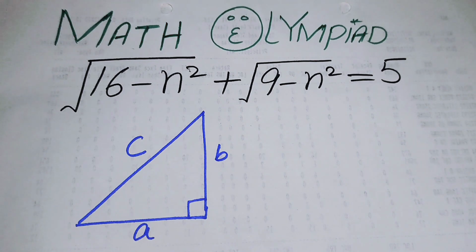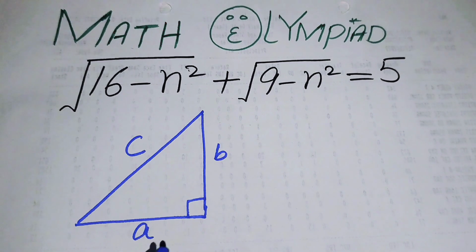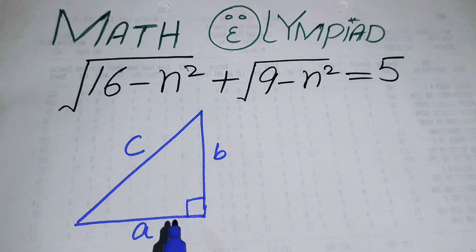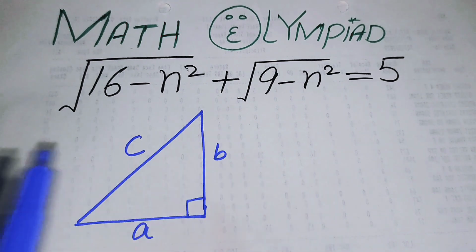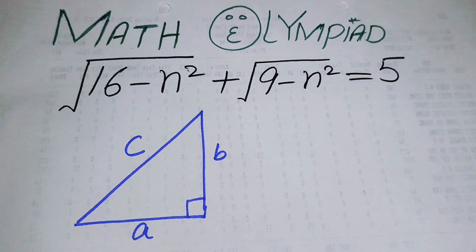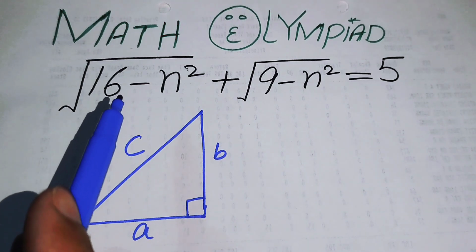So here we have a nice right triangle in which the length of one side is a and the length of the other side is b, and the length of our third side is c. The side opposite to the right angle is known as its hypotenuse, and the other sides are base and perpendicular.